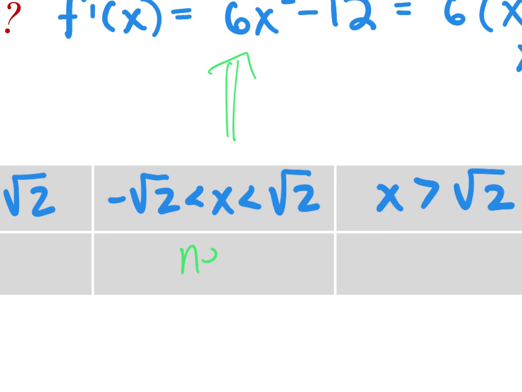So no matter what, these answers will always be negative. If those answers are negative, then the slope is always negative, and the function has to be going down. Negative values mean negative slope, and negative slope means the function is going down.